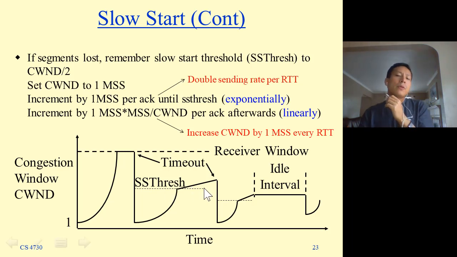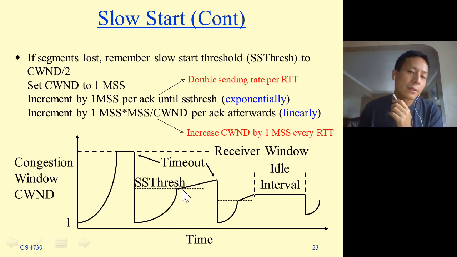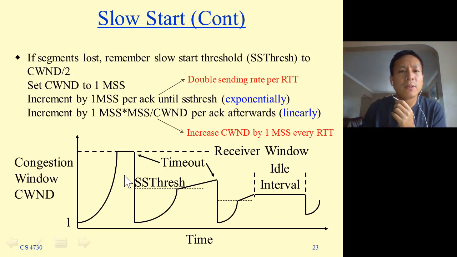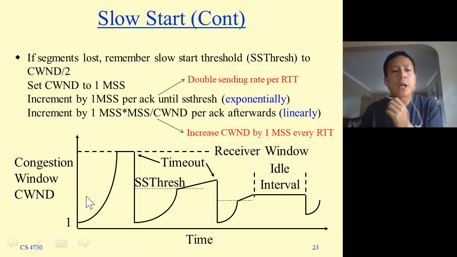So you may be wondering why we want to do this. Slow start actually is quite fast, right? It increases exponentially. So if you don't set this slow start threshold, it will touch the receiver window again, and it will make the network congested very fast again, and it will be dropping. So it will be fluctuating back and forth all the time, which is not good for both the network and the end host sending things.